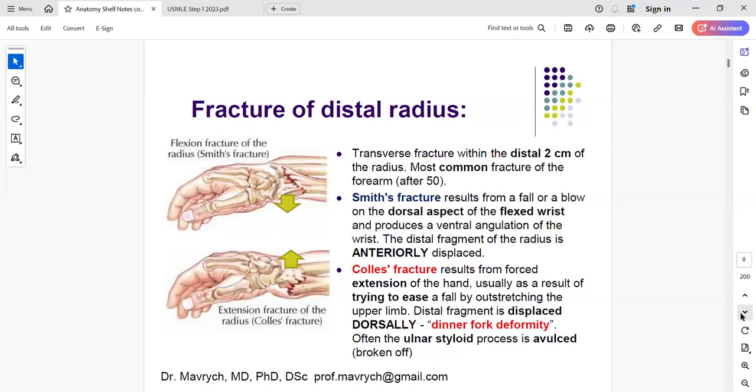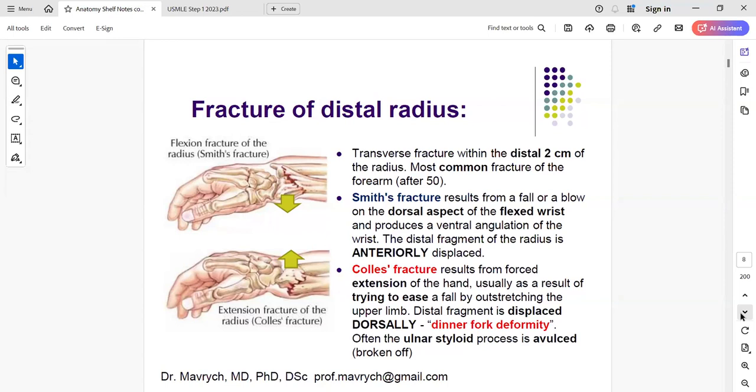However, in Colles' fracture, what happens is that it's due to extension. So it's the opposite of Smith's fracture. What happens is that if you're having a fall and you try to ease that fall by placing your outstretched hand on the floor, then Colles' fracture occurs, right? Just for a second, think about it, go into that bubble and brainstorm that you're falling down, your wrist is outstretched.